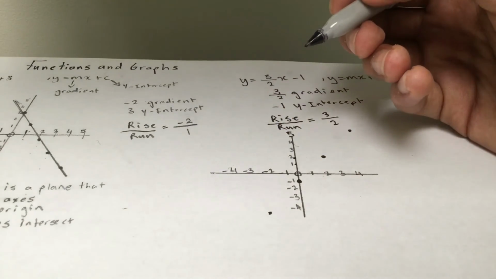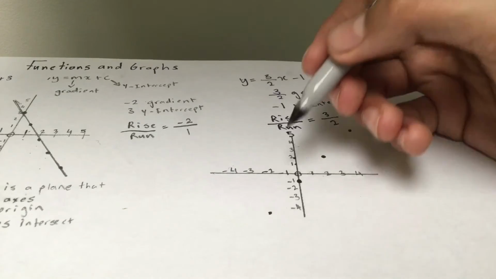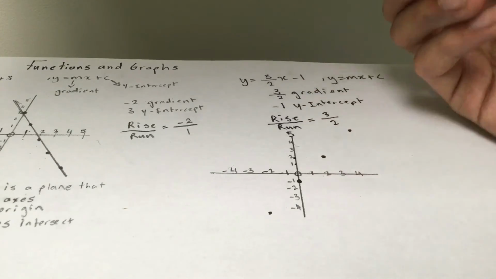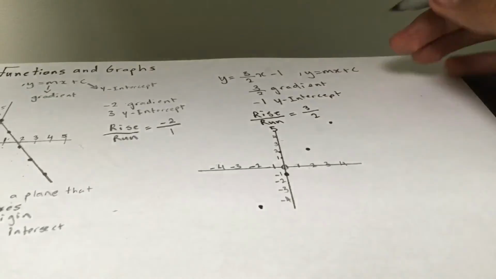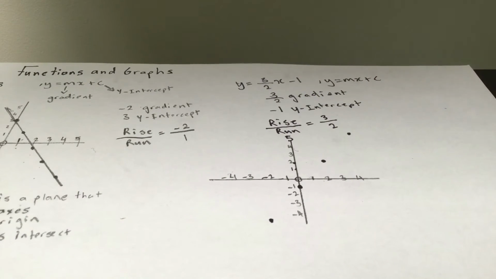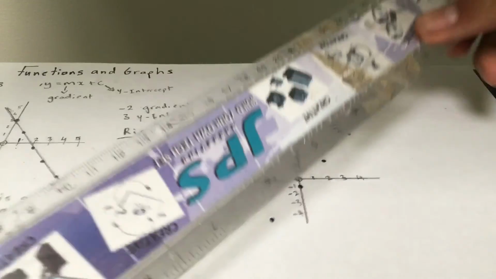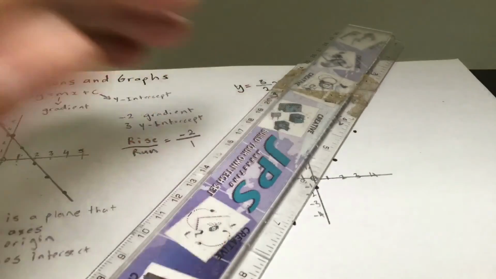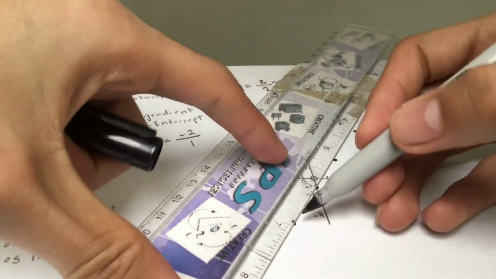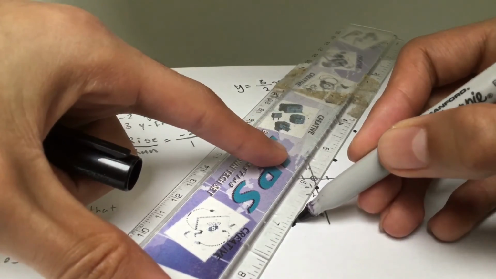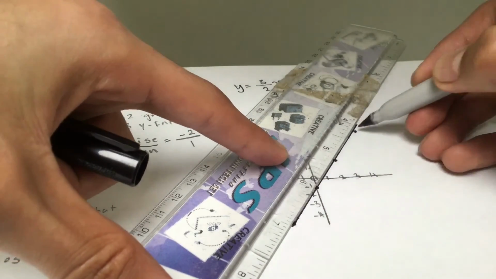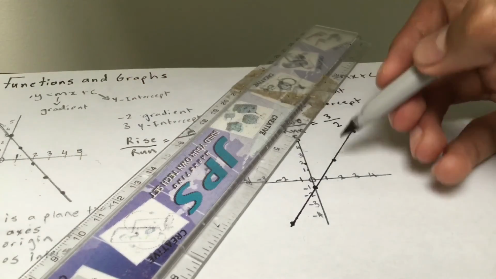It's going to be at -2, -4. Okay, so now we've plotted our points. So now we draw it up with our ruler. Okay, that is our graph.